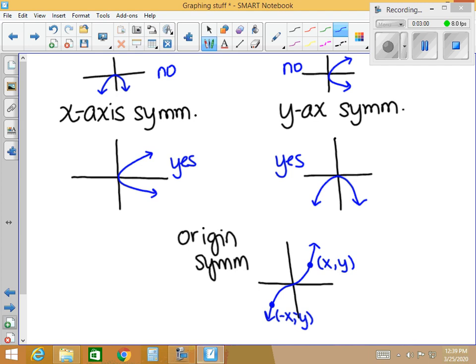If we want to think about similar explanations up here, the x-coordinate is the same on both of these points. Whatever the y-coordinate is on the top one, it flip-flops and is negative y on the bottom one.